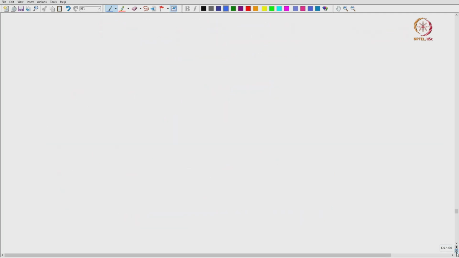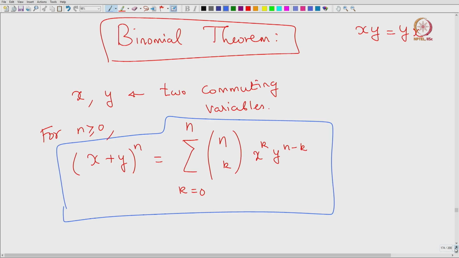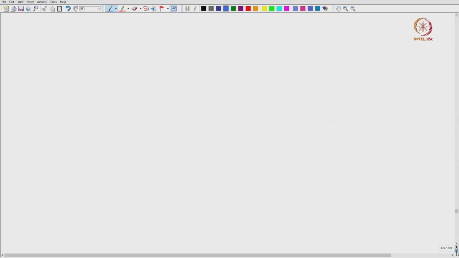Recall that we looked at the words of length n that you can form using the alphabet 0, 1. We proved that the number of n-words over 0, 1 is exactly 2 power n.